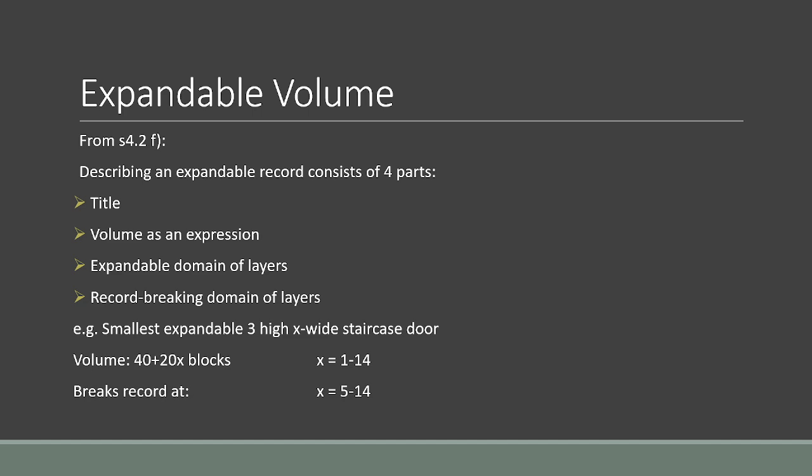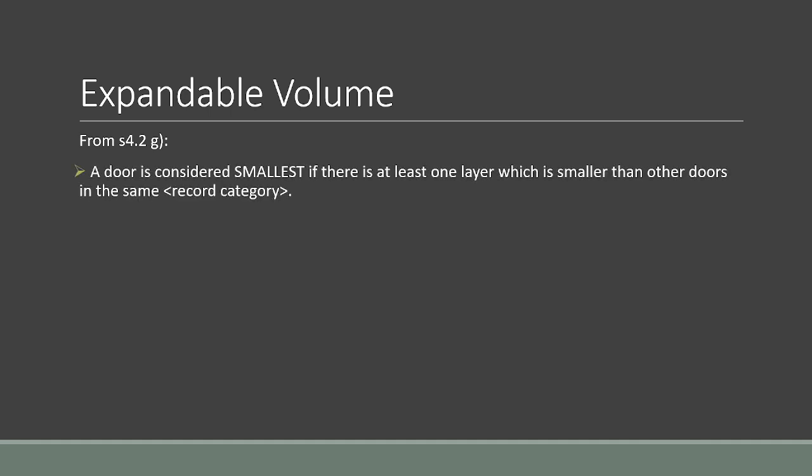And this is also one of the regulations, basically, is that as long as you have a certain non-empty domain that is record breaking, then the expandable door can be considered as smallest. So yeah. And then finally, we have section 4.2g. This basically just tells you the thing that I just said.